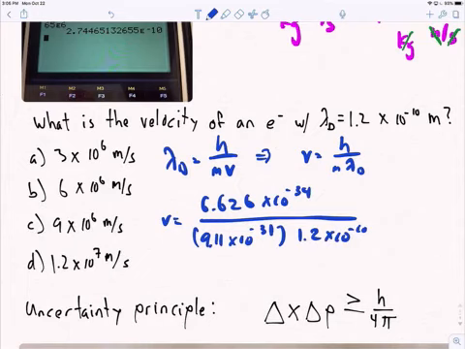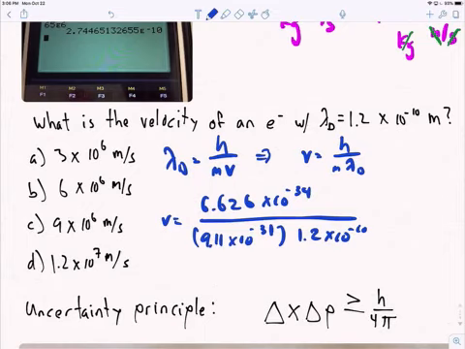Let's see if you can put it in your calculator. London, did you forget your calculator?